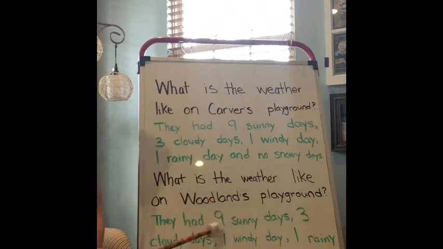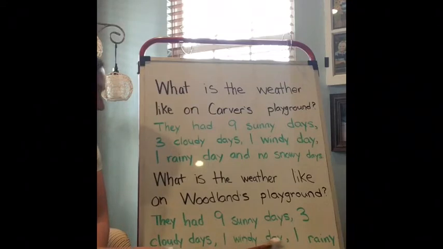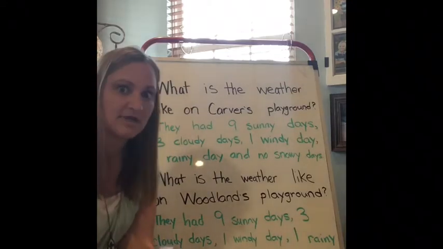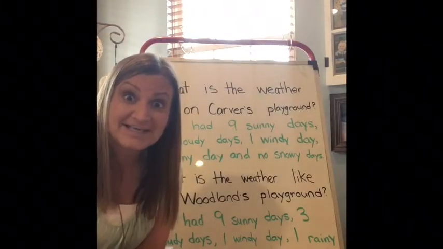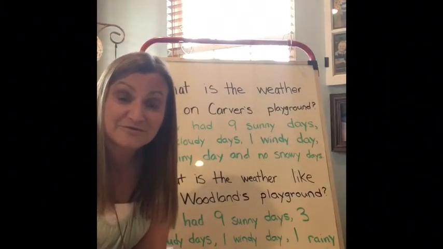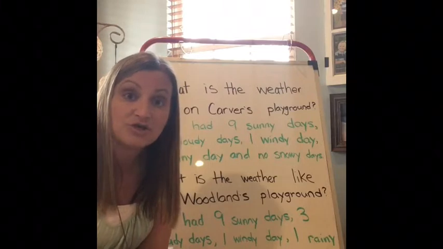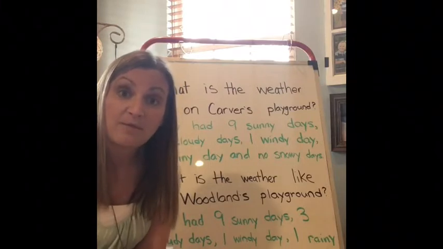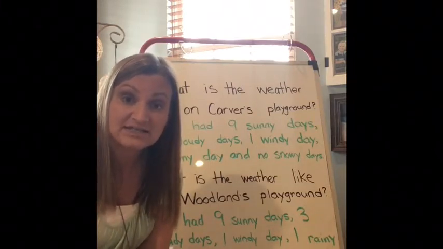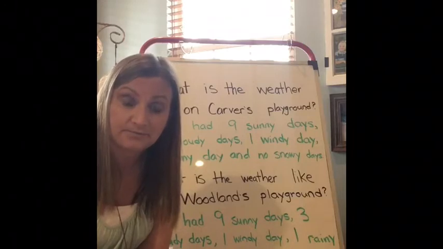They had 9 sunny days, 3 cloudy days, 1 windy day, 1 rainy day, and no snowy days. So a lot of you said they're exactly the same. The graphs were exactly the same, which is telling you what? That both playgrounds had the exact same type of weather.